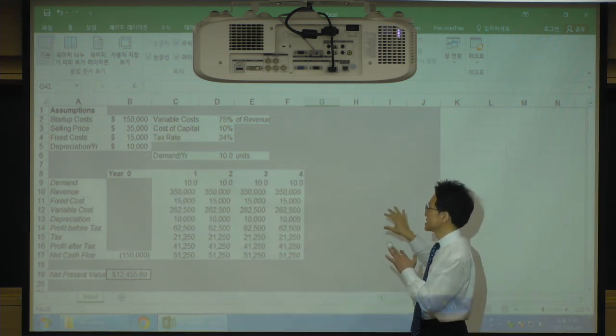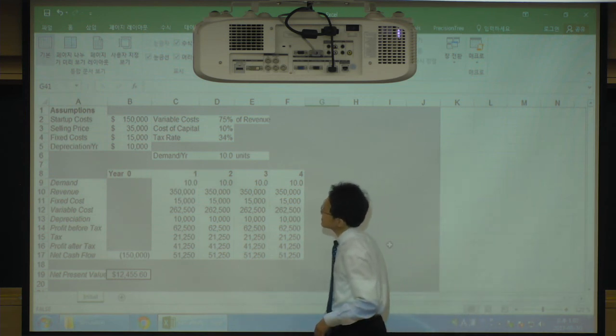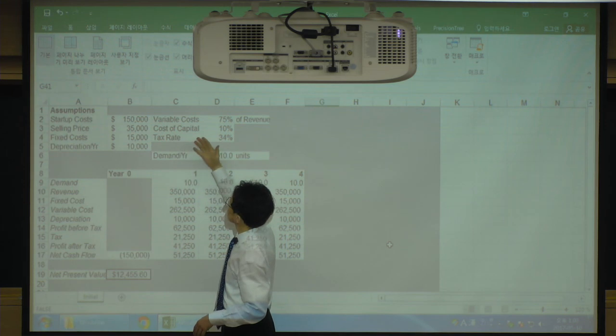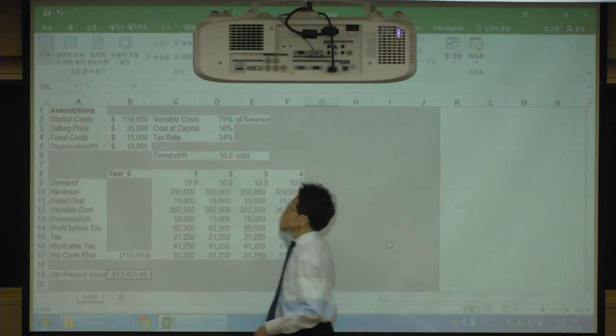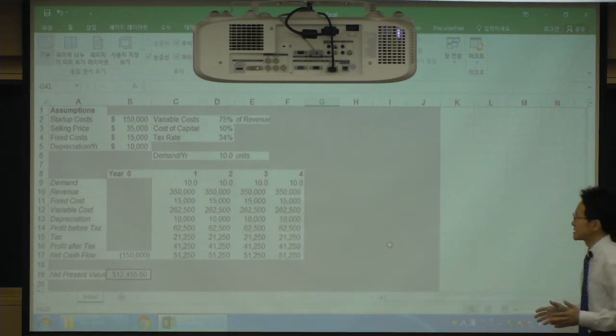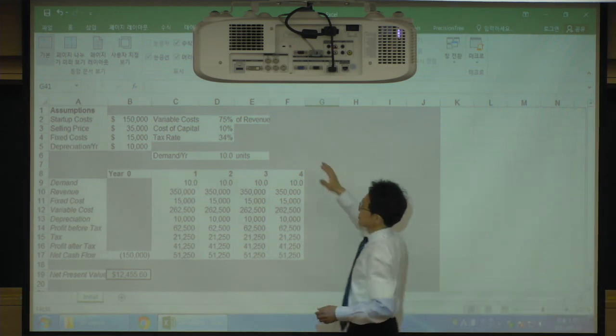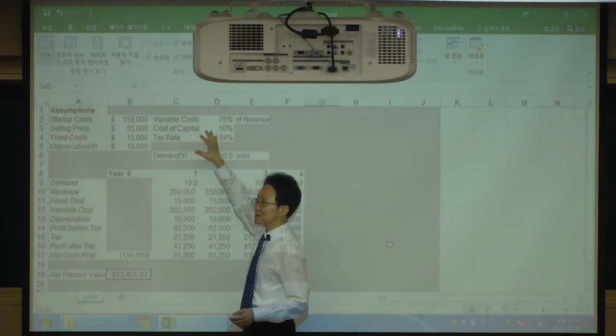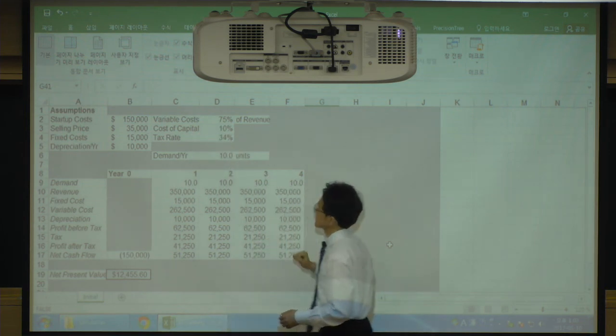We ignore these 1,000. There are also some fixed cost and depreciation, and also an assumption about cost of capital and tax rate. I hope that you already took some courses in finance and accounting, so you already know the concepts of cost of capital and tax rate and so on.